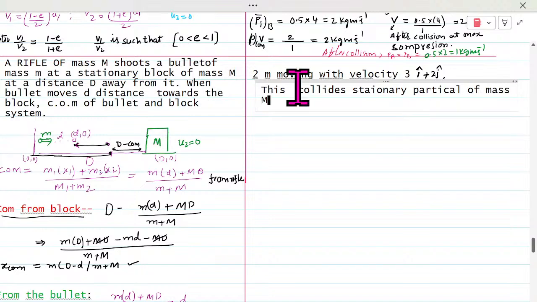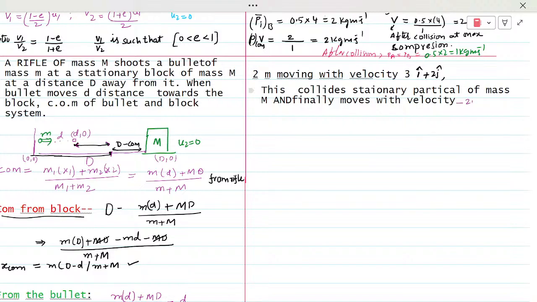And finally, this first particle moves with velocity minus 2i cap plus j cap.